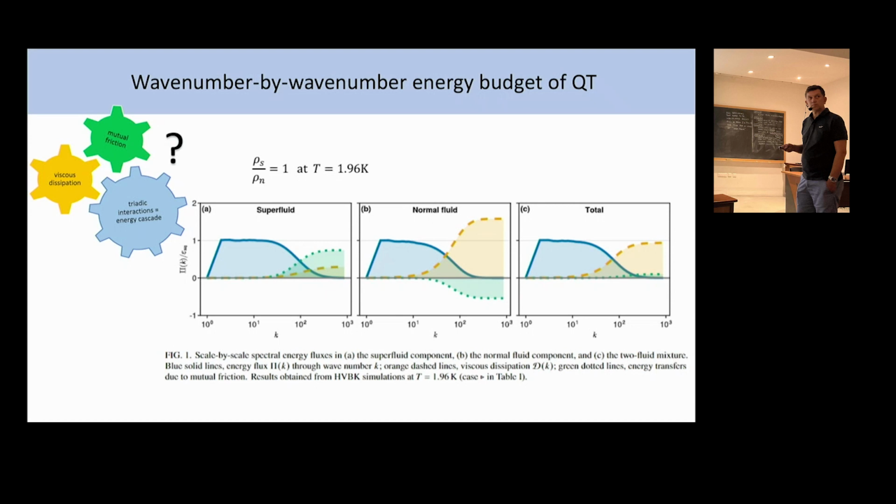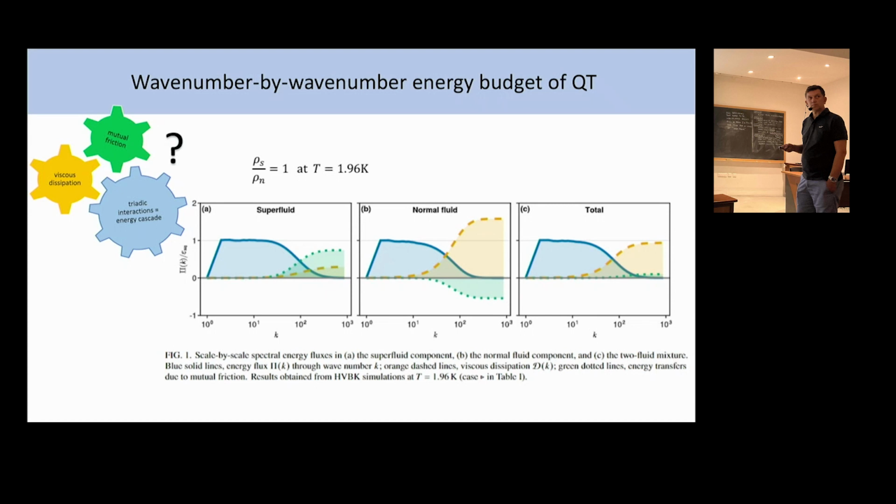So it means that mutual friction takes energy from the superfluid and gives this exact amount of energy to the normal fluid, at least in the inertial range, in the cascade range. And this exchange is responsible for the locking of the two fluids such that the slip velocity is zero and there is no friction dissipation.